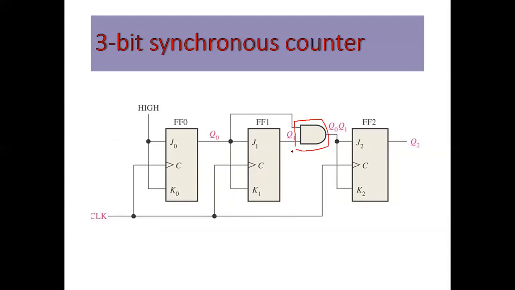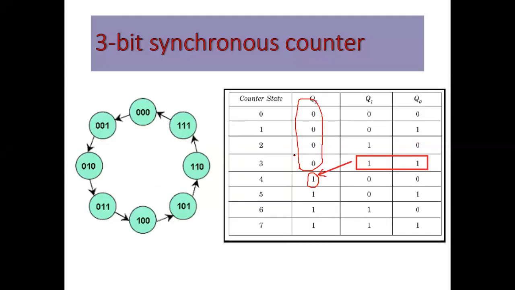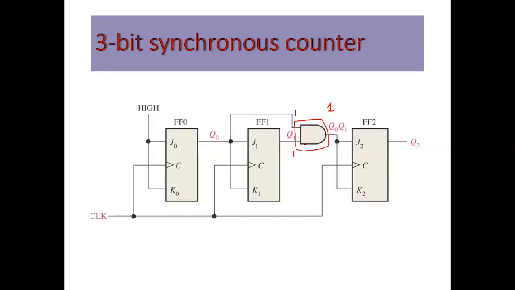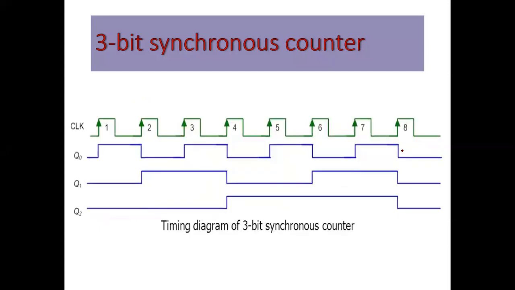When both the inputs are 1, the output of the AND gate will also be 1. So both the inputs should be 1. In state number 3, both the inputs will be 1. If these two are 1, then the third flip-flop will get 1 in its input, so this flip-flop will start to give 1 output.